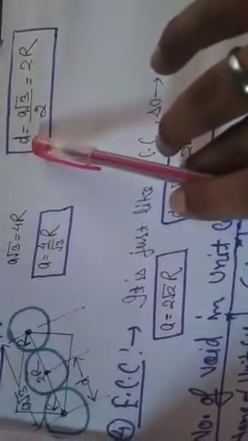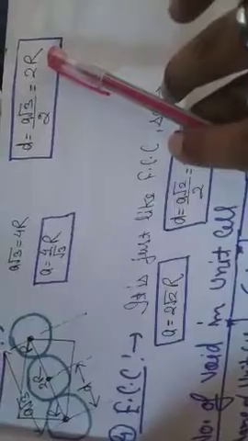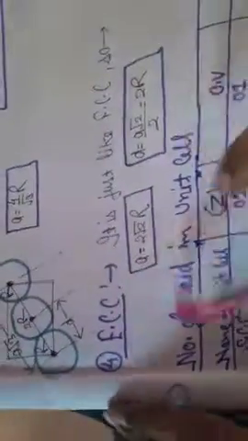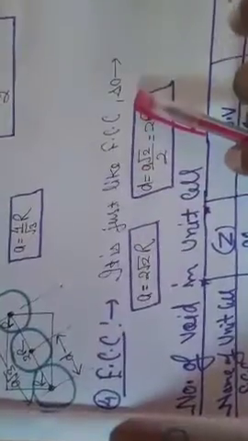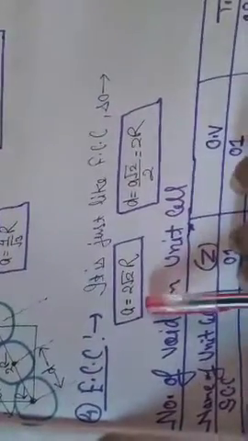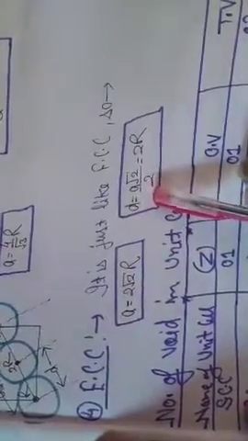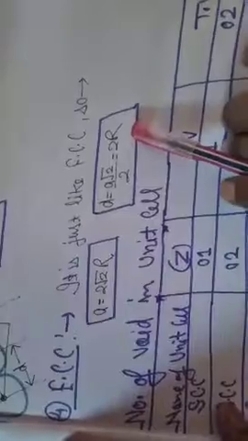And the distance between neighboring atoms is a root 3 by 2, which equals 2r, as is clear in this figure. For the ECC cell, it is just like the FCC cell, so the value of the edge is 2 root 2 times r, and the distance between neighboring atoms is a root 2 by 2, which equals 2r.